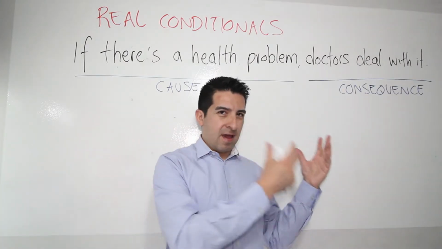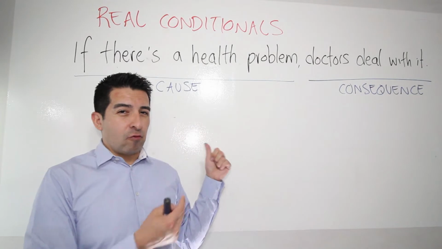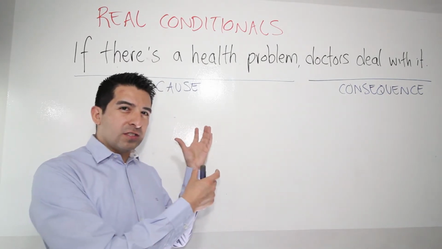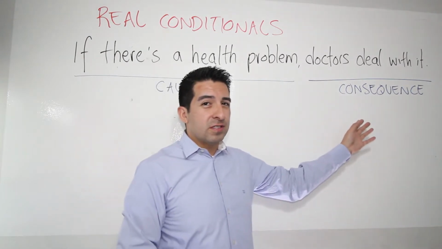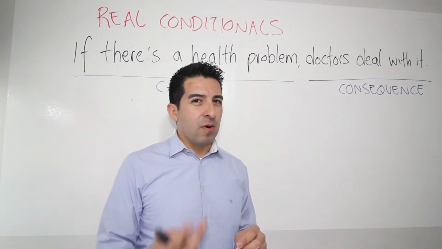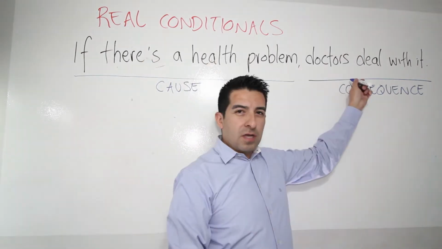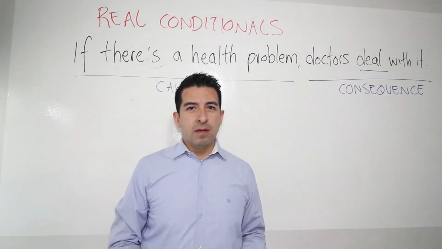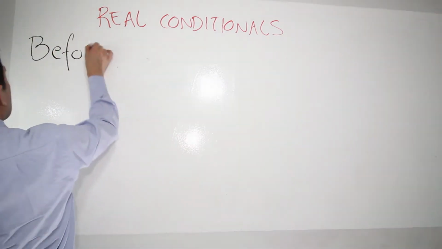Cause and effect. In this case, of a real conditional, in the part of a cause and in the part of the consequence, we're using present simple in both. If there's, doctors deal, present simple. Let's write another example.